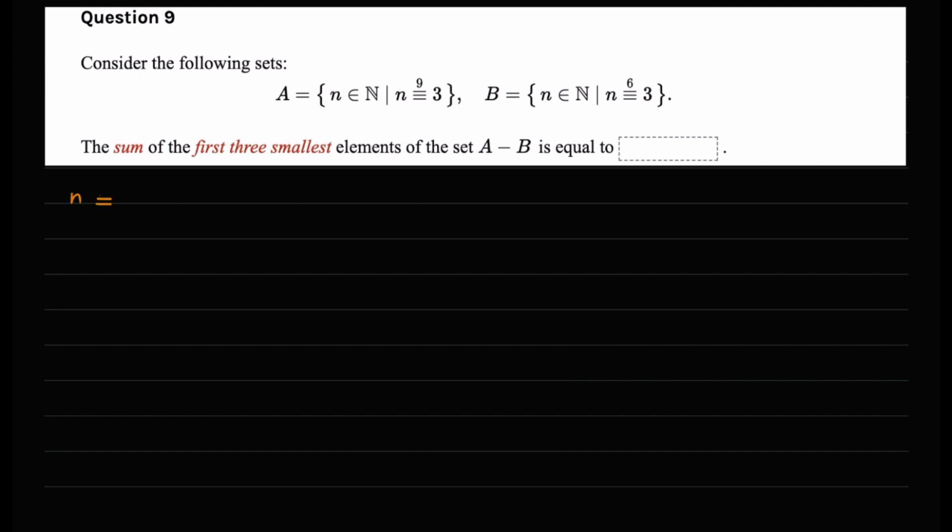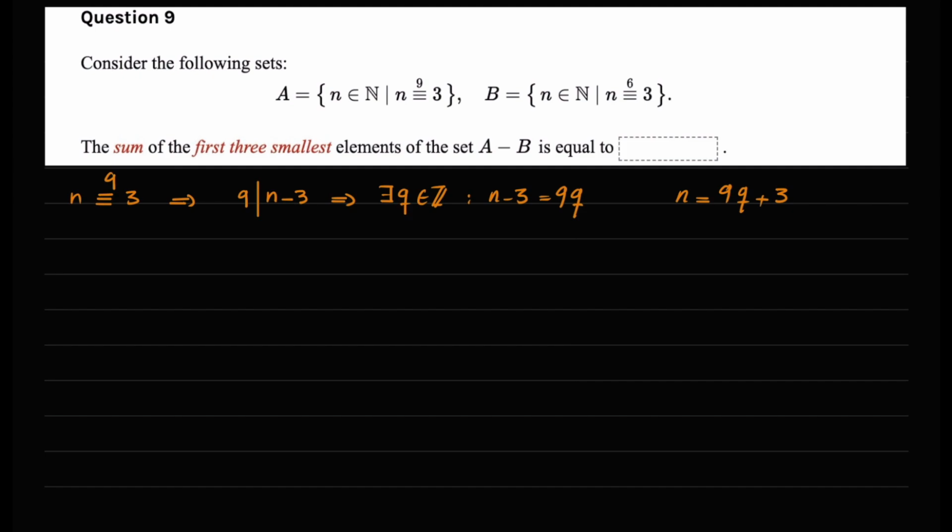So n is congruent to 3 modulo 9. It means that the number on the left minus the number on the right is divisible by the modulo 9. This means that there exists an integer q so that n minus 3 is 9q. In other words, the number n is 9q plus 3.